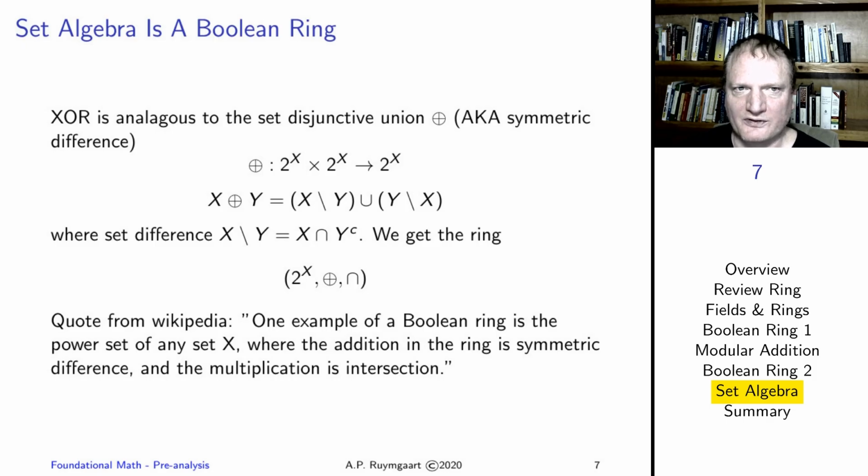Now, if we're working with sets, we have an operation that's analogous to the XOR operation called the disjunctive union, also called symmetric difference on sets.